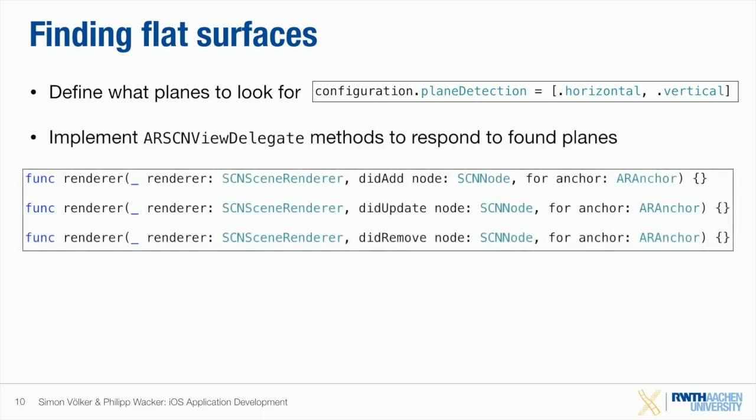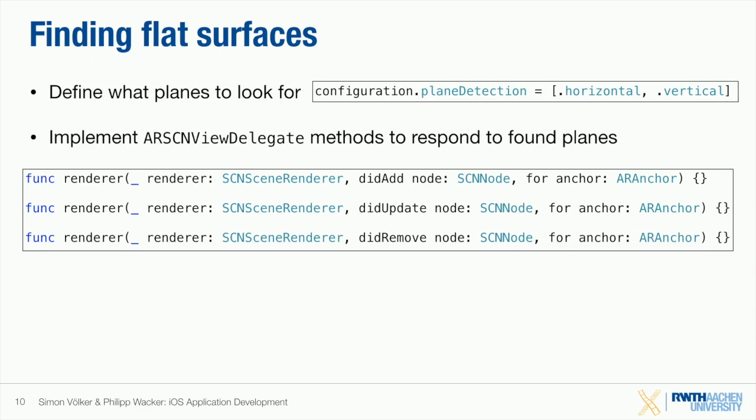Then you have to implement the methods for the ARSCNViewDelegate. There you have a couple of these render methods. The most important one is didAdd node for a specific anchor. That is the callback you get when the system first detects a new surface. Then you have different ones for update or remove.